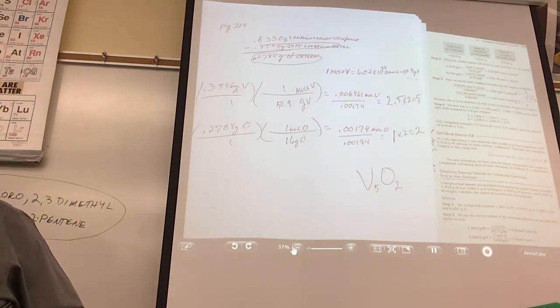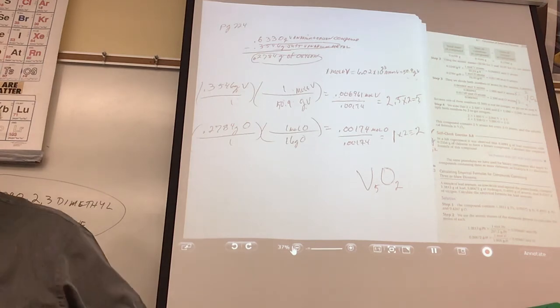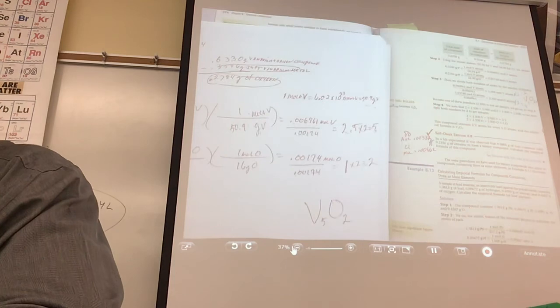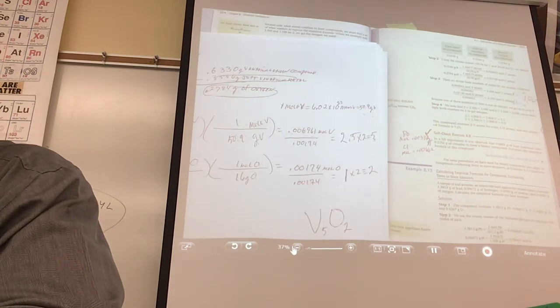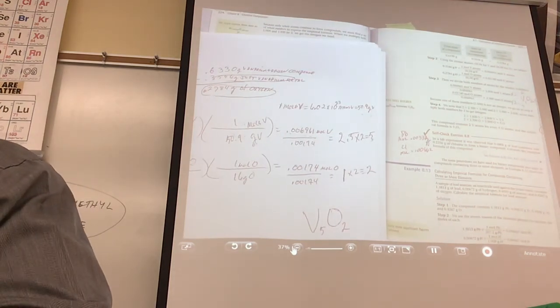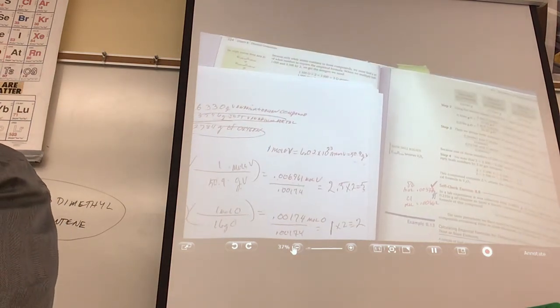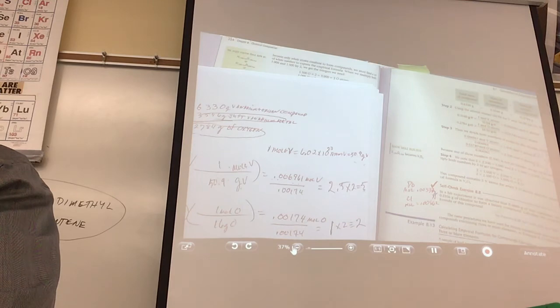Oh, raise your hand, yes. In the book it says there's 2 vanadiums and 5 oxygen. Oh, I'm sorry. What? Wait a minute. Did I mix my numbers up? Yeah, I think you just put the numbers in different elements.